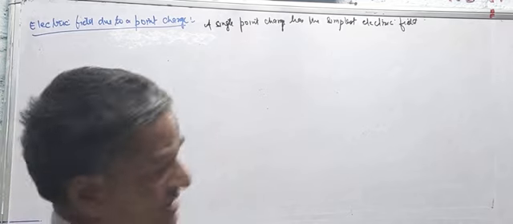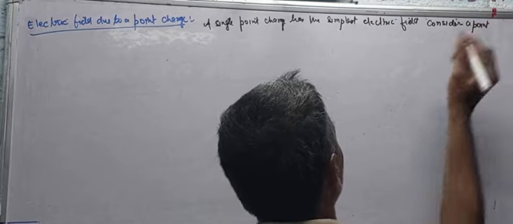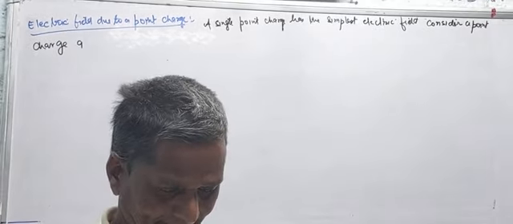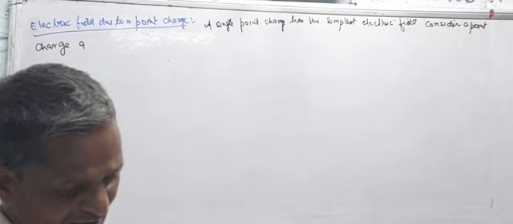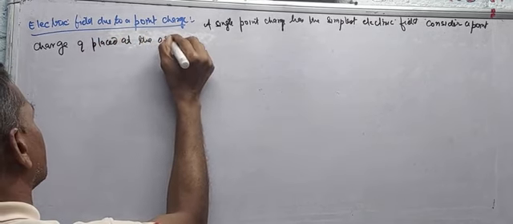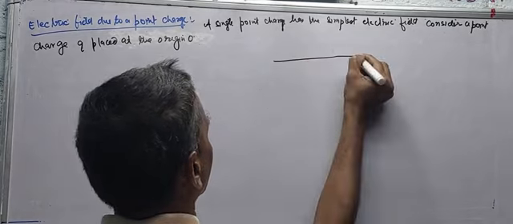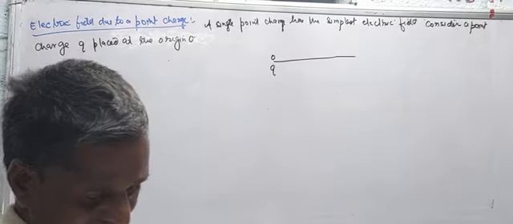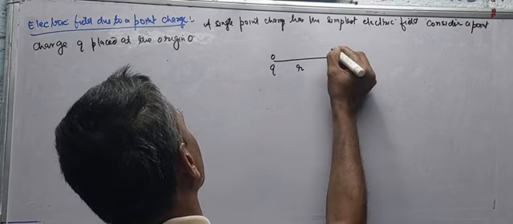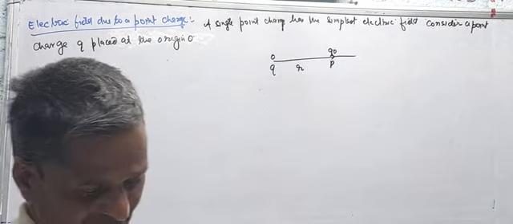Consider a point charge q placed at the origin O, and at point P, distance r away, a test charge q naught is placed.